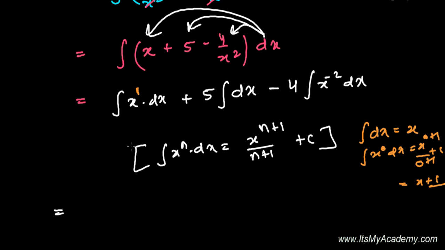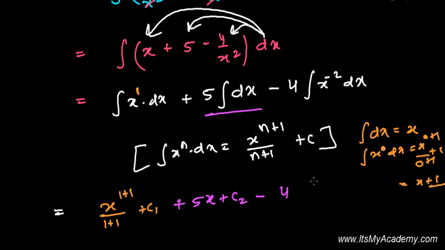So now see here, it's x to the power 1, so it will be x to the power 1 plus 1 divided by 1 plus 1, plus constant c1. Now this guy will be plus 5x plus constant c2, minus 4 times x to the power minus 2 plus 1 divided by minus 2 plus 1, plus constant c3.